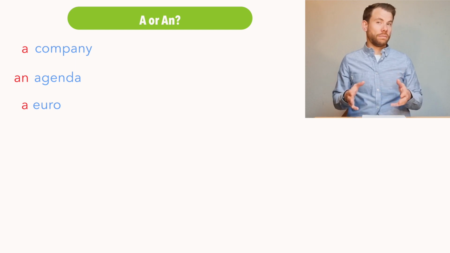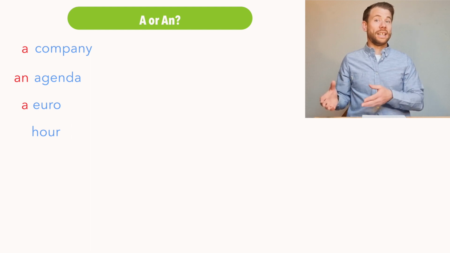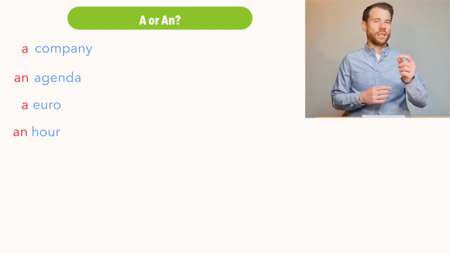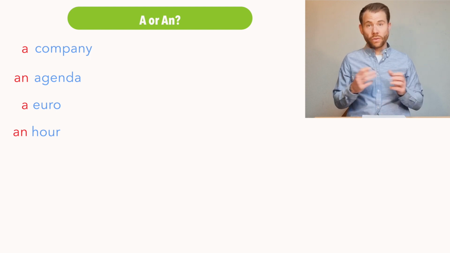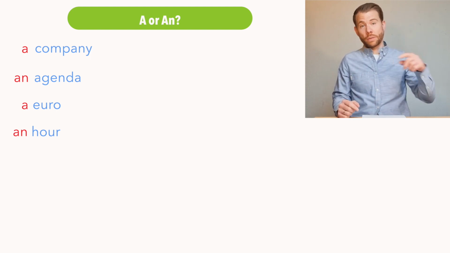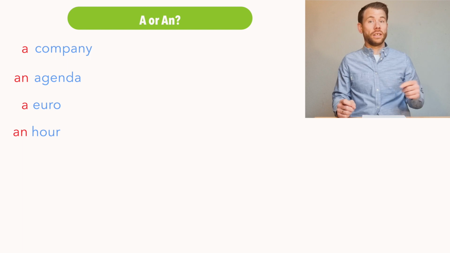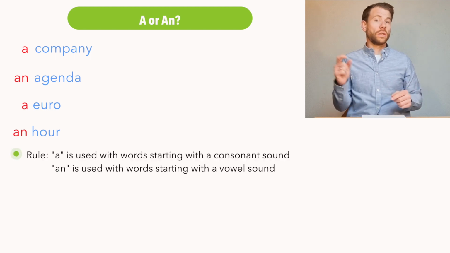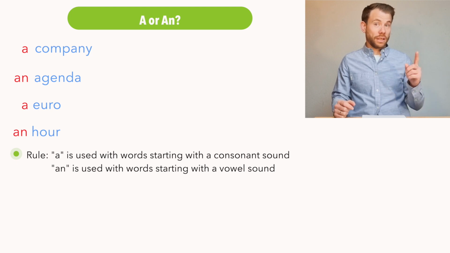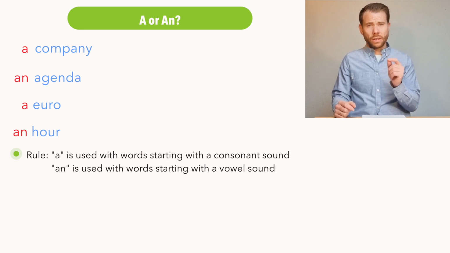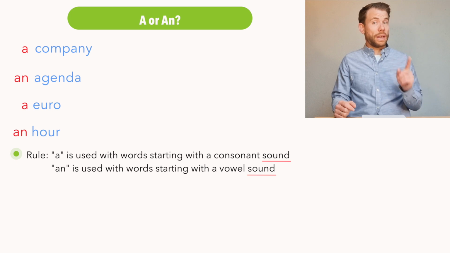And the other one is hour, in the sense of 60 minutes. This is an hour. So these ones people might be confused because you often learn that it's based on the spelling of the word, that a is used with consonants and an is used with vowels. But it's based on the sound that you make, not on the spelling.